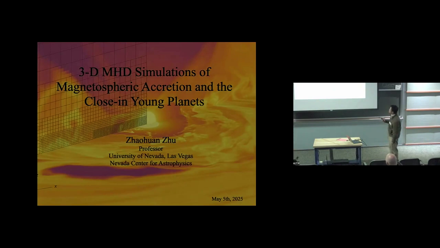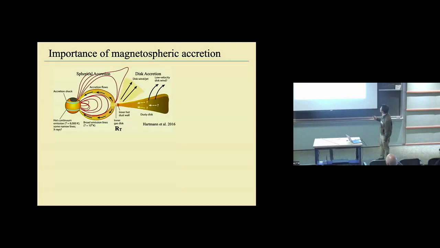So I'll present 3D magnetospheric accretion simulations and their connection to close-in exoplanets. As we know, magnetospheric accretion is a combination of closed, rotationally supported disk accretion and magnetically supported spherical accretion. So it's a combination of both.